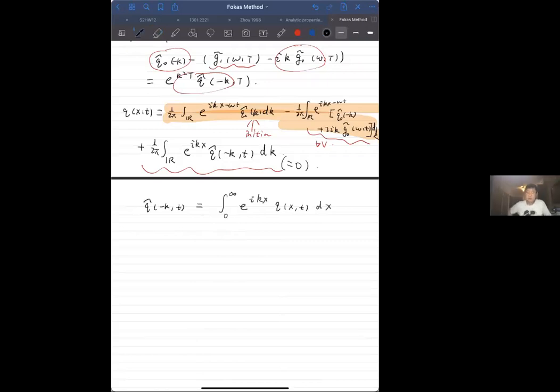And since our q is bounded, so it will be... any questions? Analytic in the upper plane.